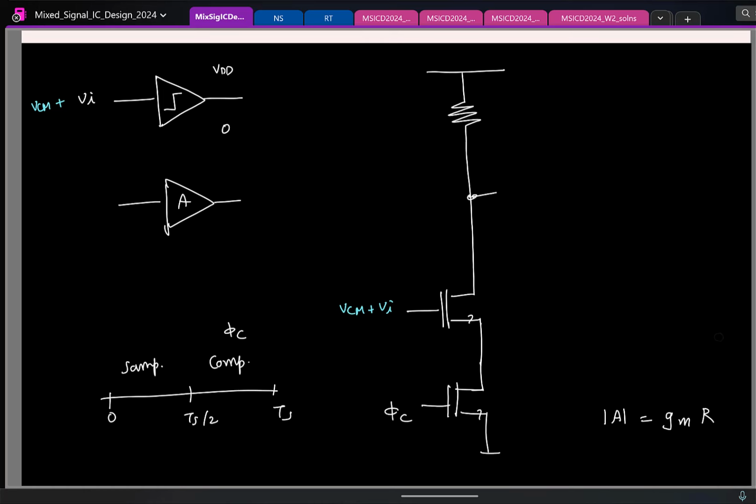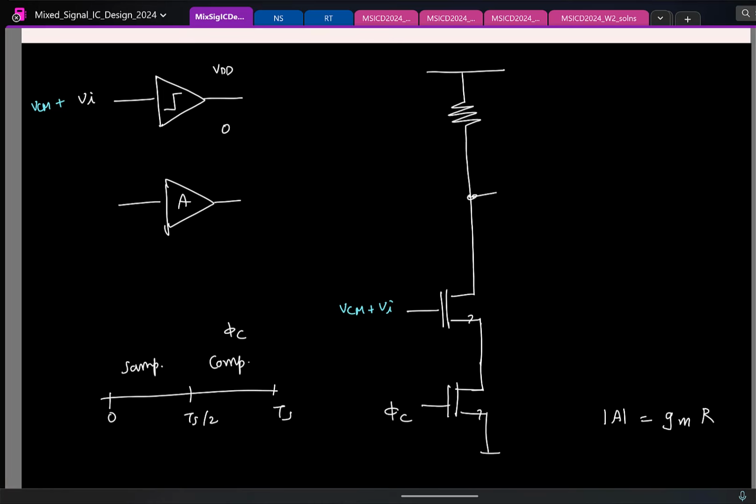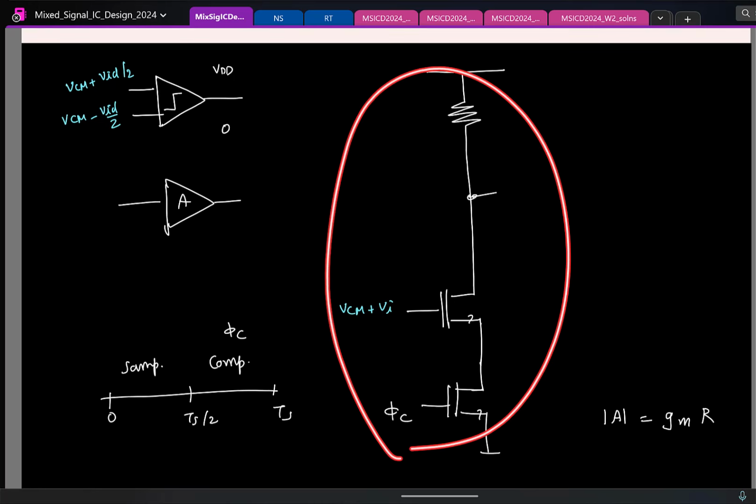Now in practice, again as we just saw, things are differential. So what you need in practice is this. I need to take in two inputs, VCM plus the input by 2, VCM minus the input by 2. So I have one circuit that works for positive.